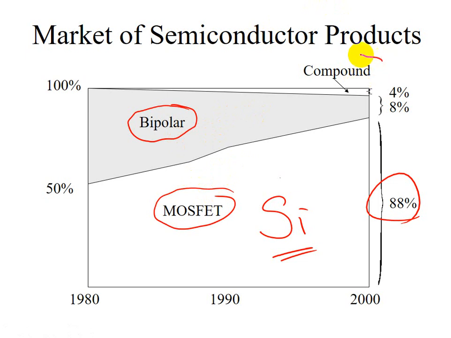And compound semiconductor is composed of less than 5% here. As I mentioned, with compound semiconductor, you are actually looking at a very specific function of its electron configurations.